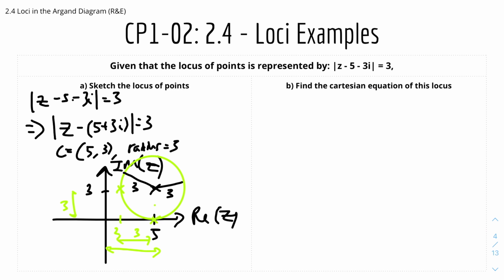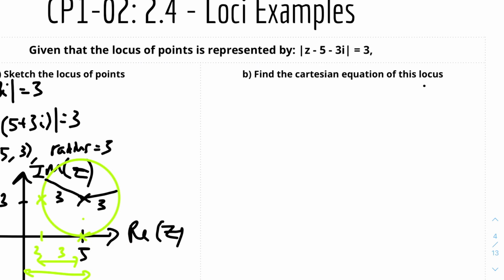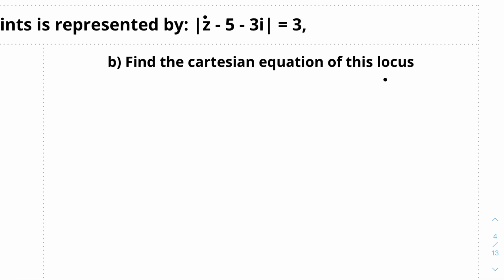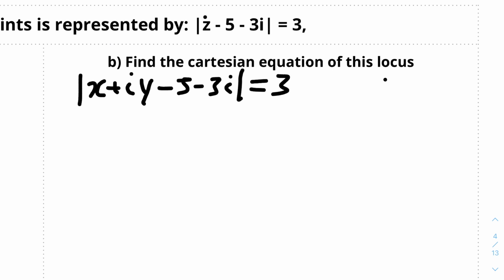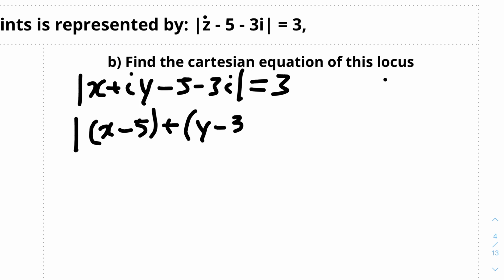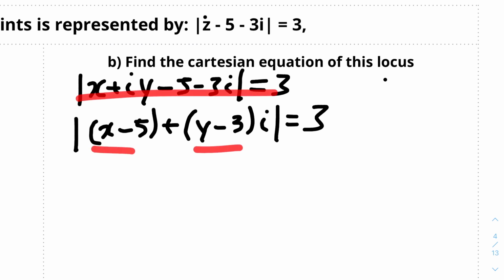And find the Cartesian equation of this locus. So as seen just now, we can set z as x plus iy. So we can set x plus iy minus 5 minus 3i equals 3. We can collect like terms, the real part and imaginary part, so (x minus 5) plus (y minus 3)i equals 3. We can square individual terms and square root the whole thing.